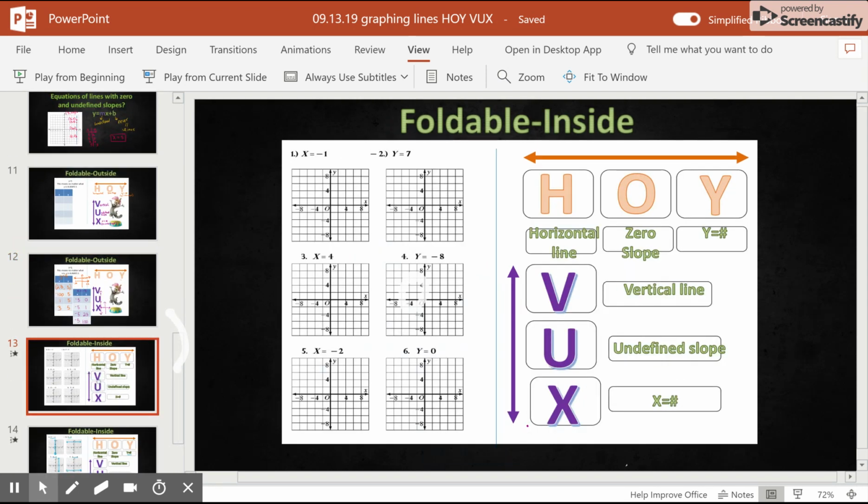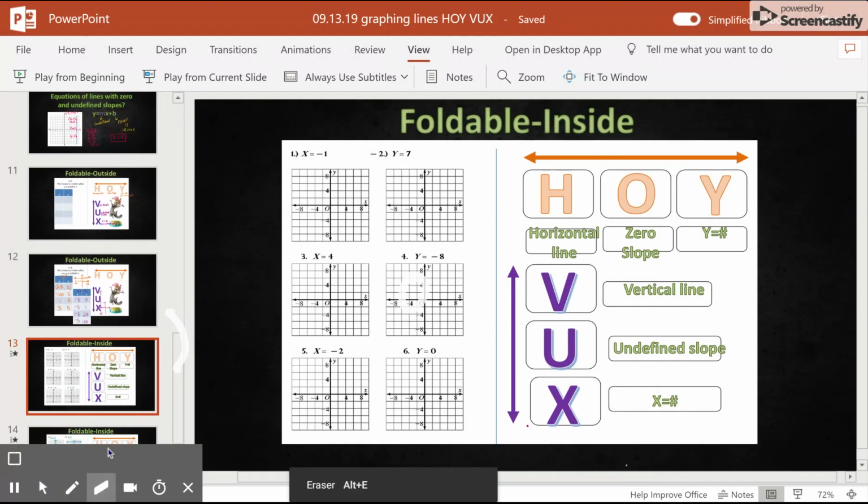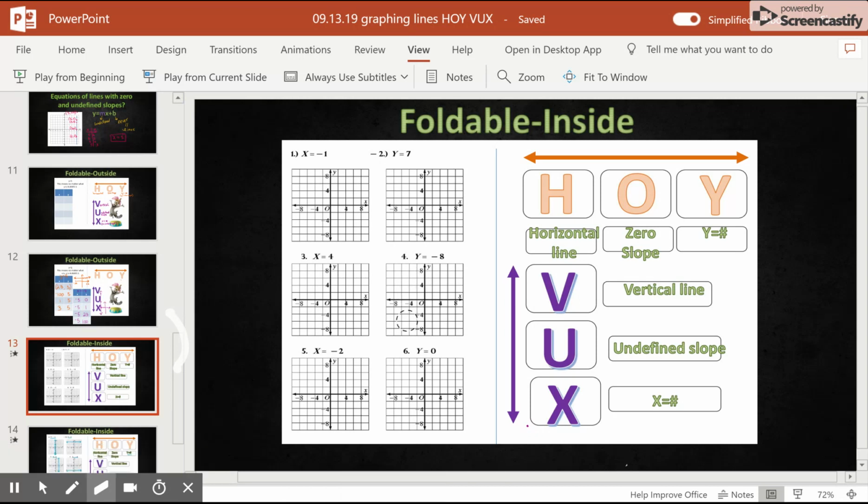Now, if we open it to the inside, we're going to look at some sample graphs here. I want you to take a few minutes and graph these. You can pause the video.